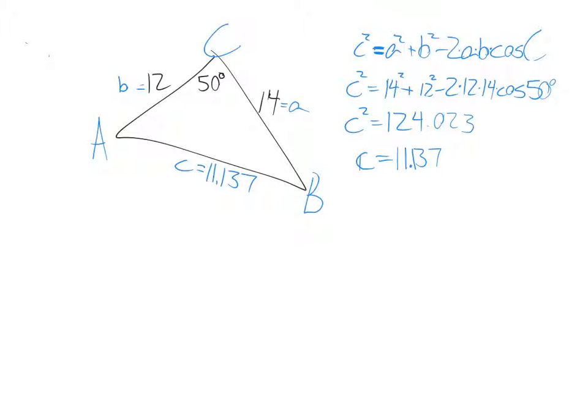Now, real quick, what do we have now that we didn't have before? We have something opposite. So check it out. Now we've got a pair across from each other. So what can we use now? The law of sines. If we can, we like to use the law of sines. It's a simpler formula, simpler to manage.